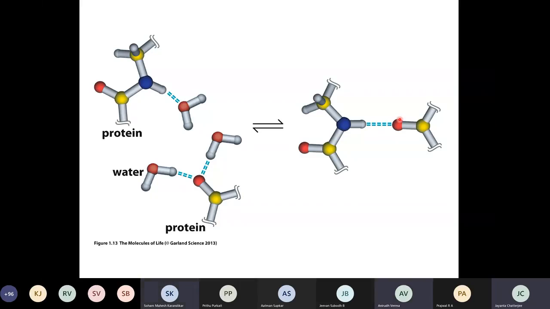Sir, the water molecules around the protein give the solvation energy, and then the hydrogen bonds are mixed up, and those proteins form intermolecular hydrogen bonds. And that hydrogen bond can be broken when water interacts again, and then the energy is further released.